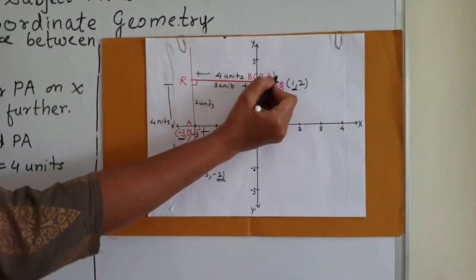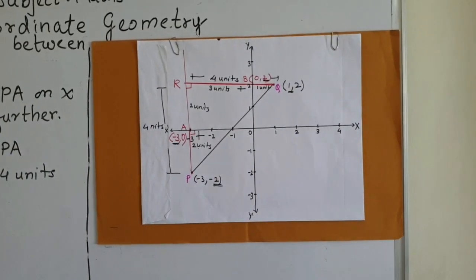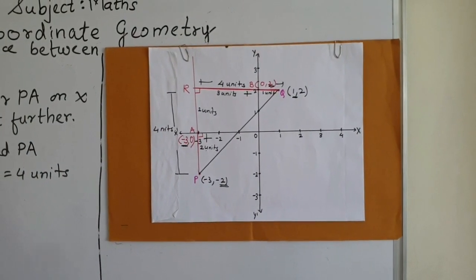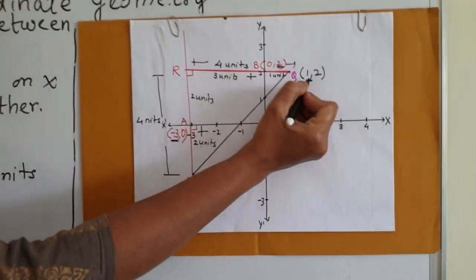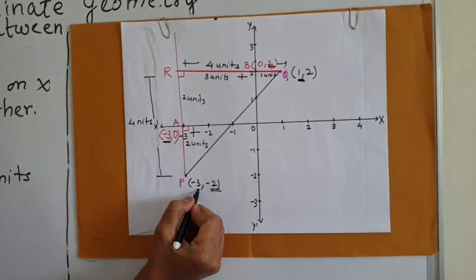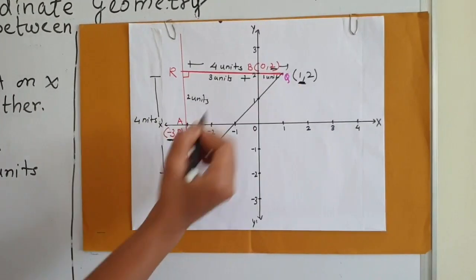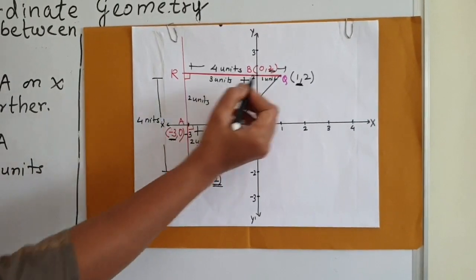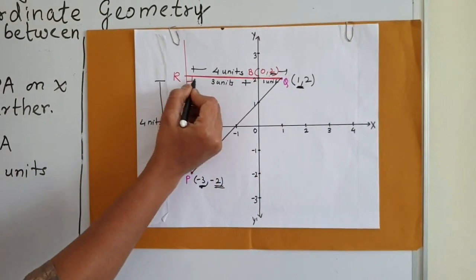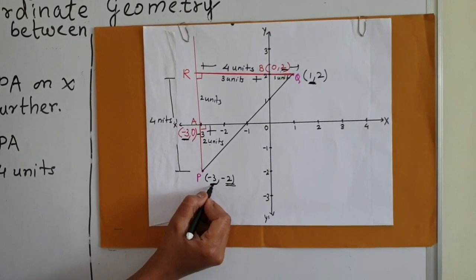Now, if you observe this, when we take horizontal distance, we always take x coordinate of these points. X coordinate. This and this. 1 plus this 3. So this.